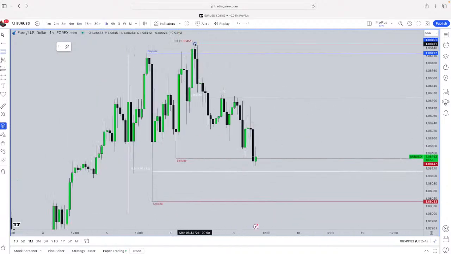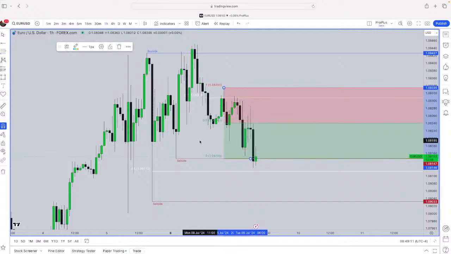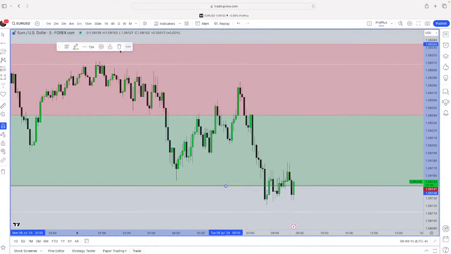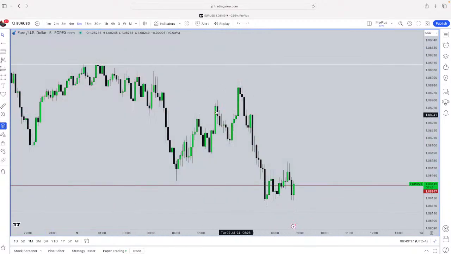You can either draw from, again, this high to this low for the premium discount, or from this high to this low. So this is in a premium here. 6:35, draw that across. 7 o'clock.